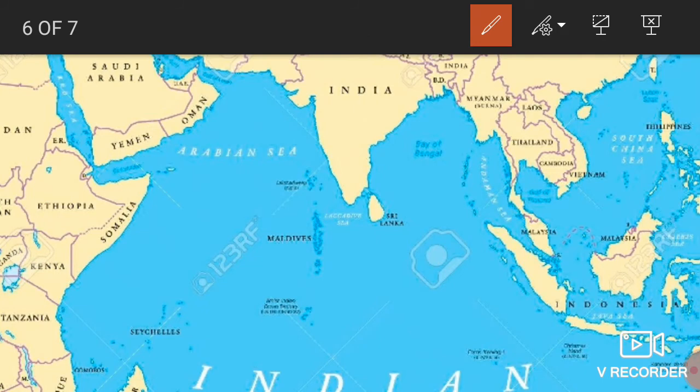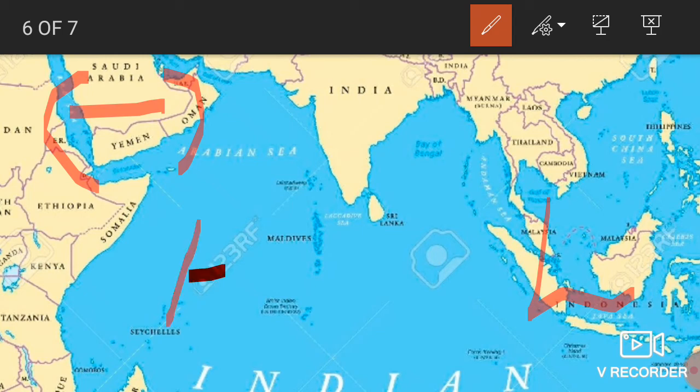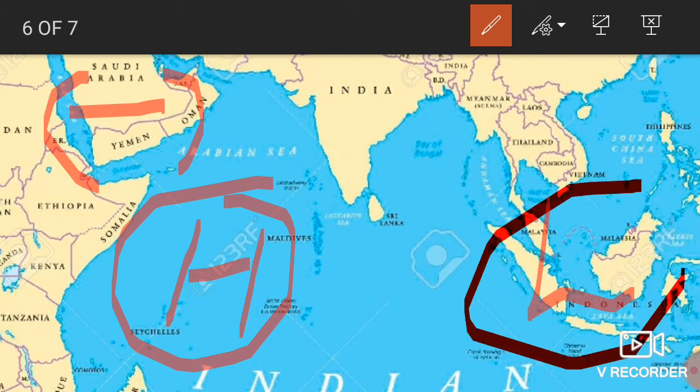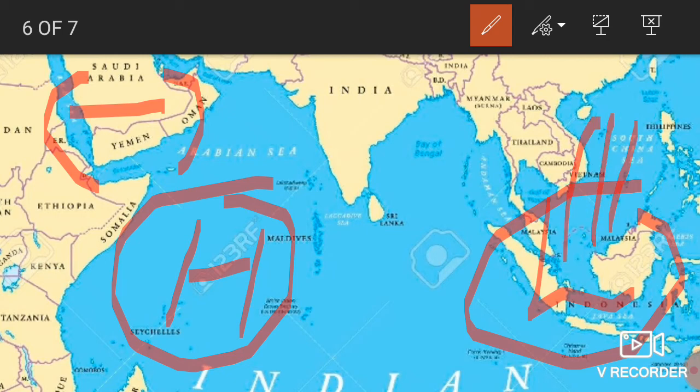And when there is a negative case, then the reverse situation will happen. There will be a low pressure system in the eastern Indian Ocean and a high pressure system on the western side of the ocean. As we know, where there is a low pressure system, there will be rain because air will rise, condensation will happen and there will be a huge amount of rainfall.